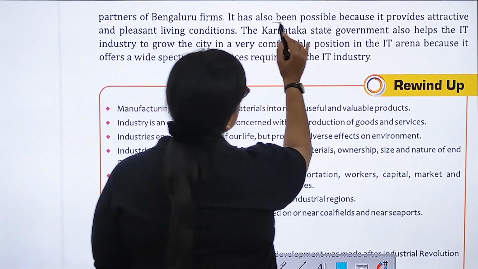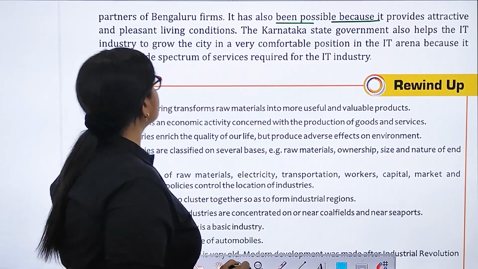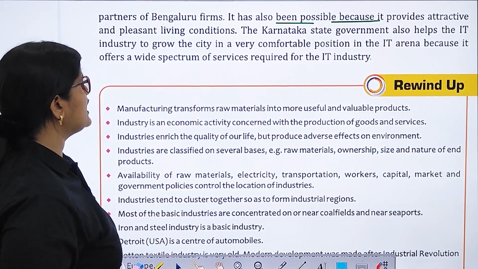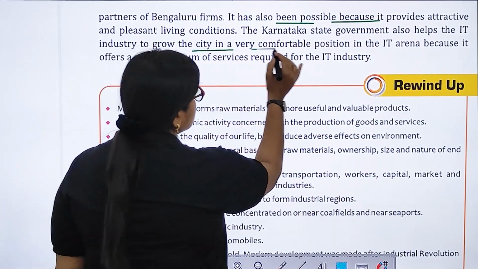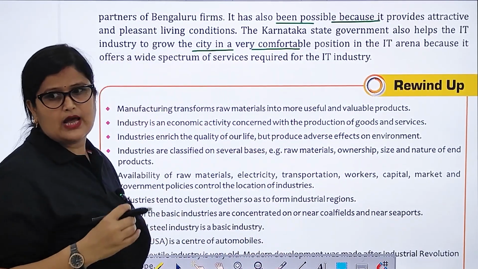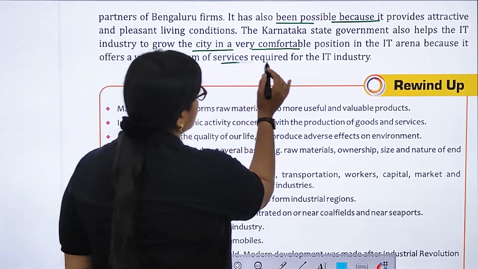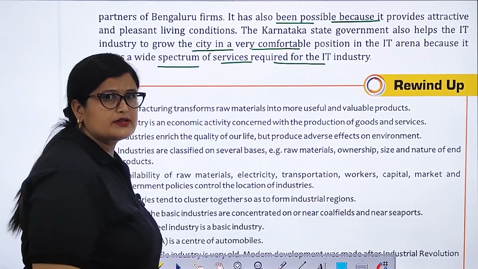It has also been possible because it provides attractive and pleasant living conditions. The Karnataka state government also helped the IT industry to grow, placing the city in a very comfortable position in the IT arena because it offers a wide spectrum of services required for the IT industry.